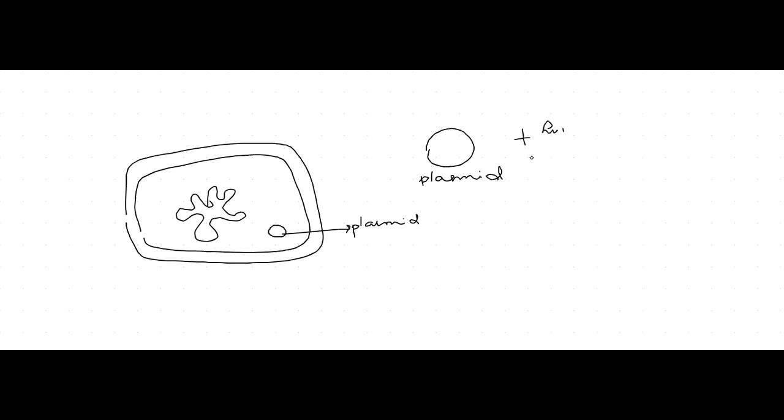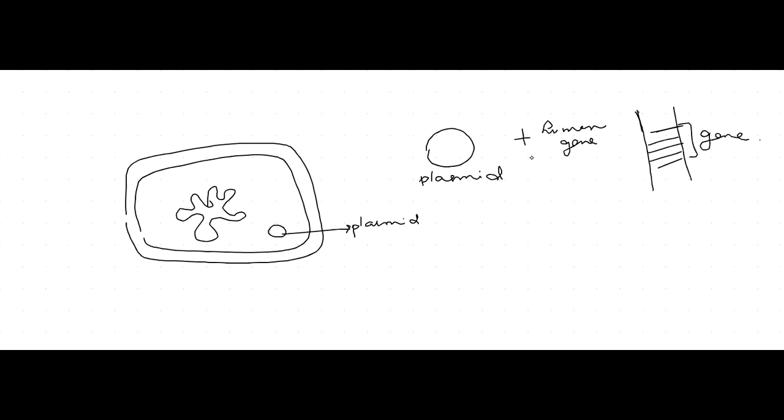So for example, I want to make insulin. If I want to make insulin, I need the gene for insulin. This is my DNA. So I need to get my insulin gene. Now, I need a way of cutting out the insulin gene.